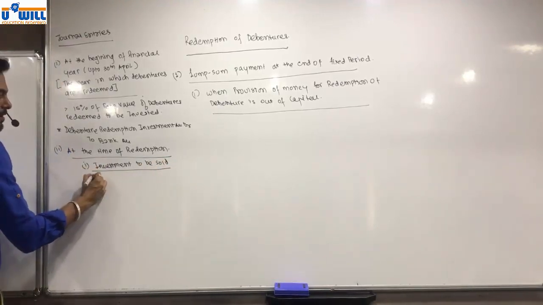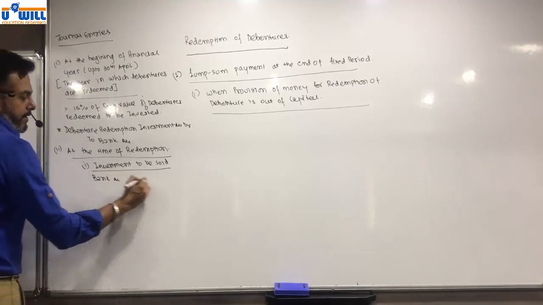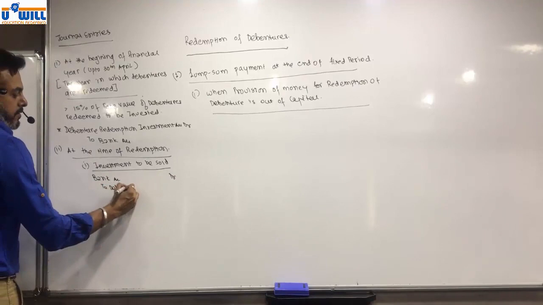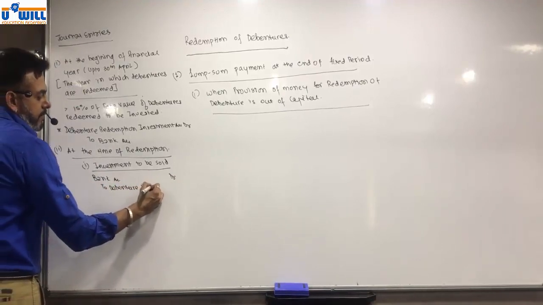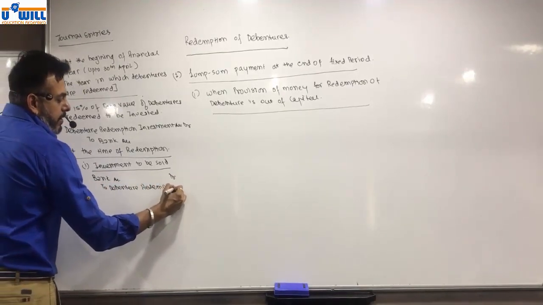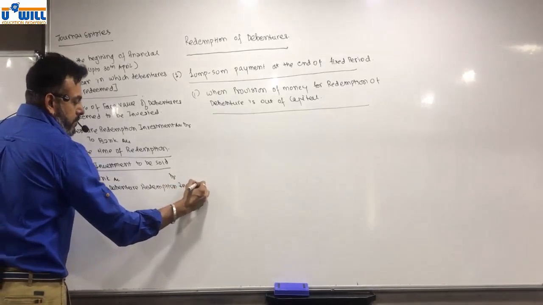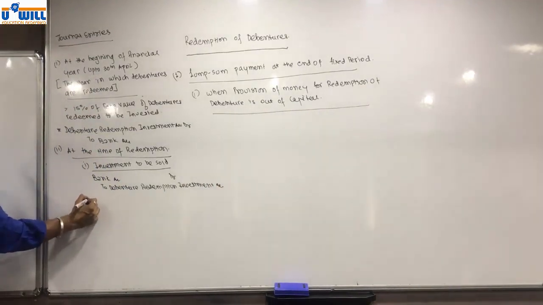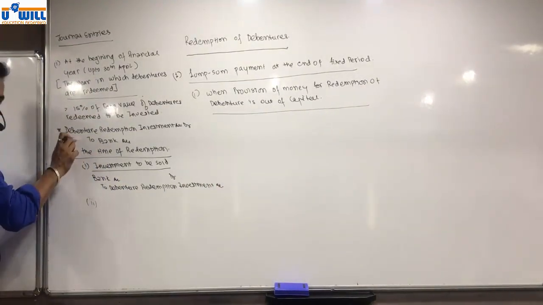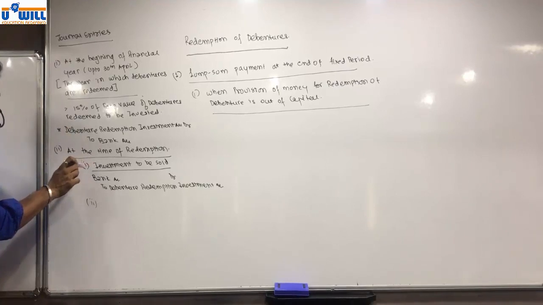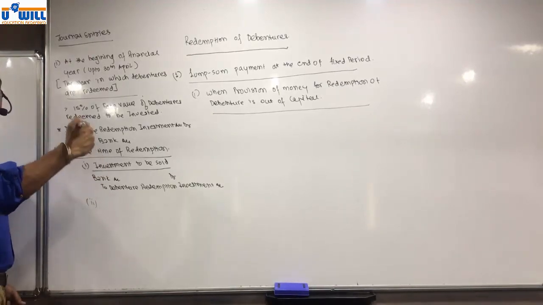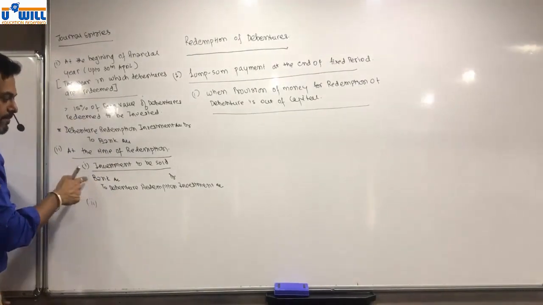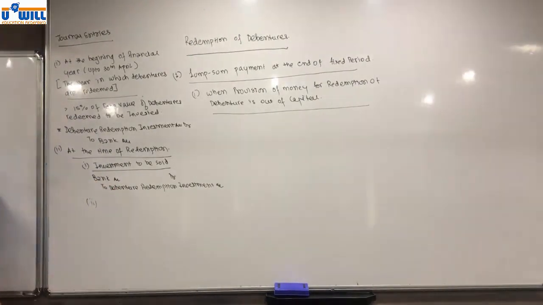What will be the entry? Bank account debit to debenture redemption investment account. हमने क्या किया? पहले इन्वेस्ट किया 30th अप्रैल को. At the time of redemption, say for example on 31st March, we first sell the investment: bank to debenture redemption investment account.